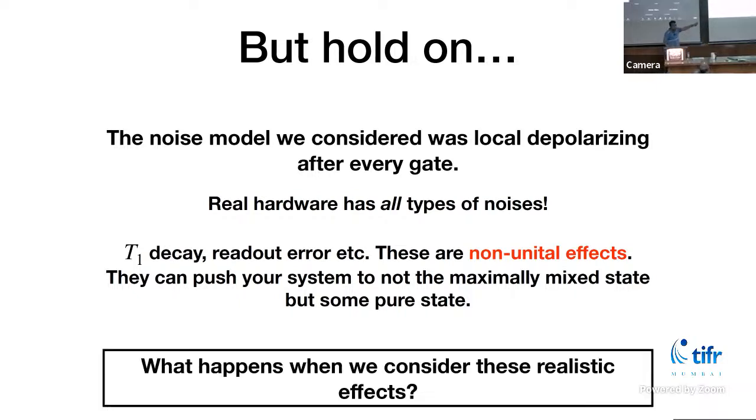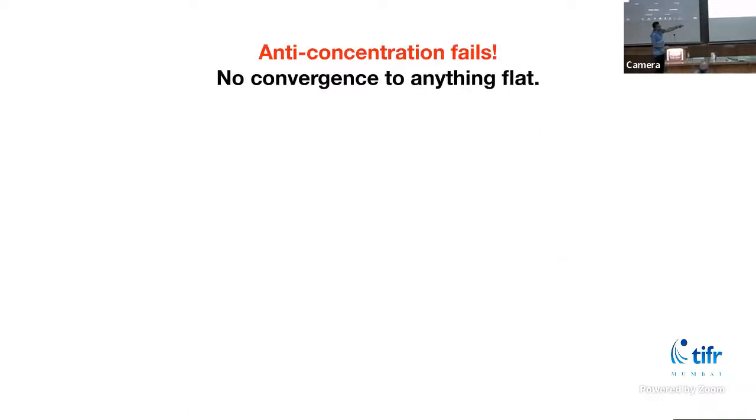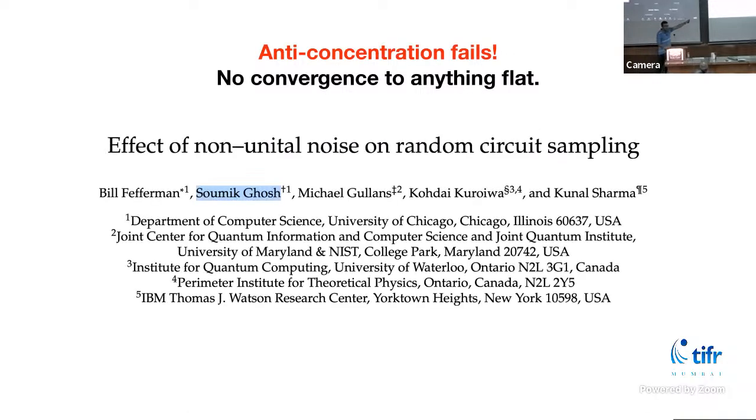So what happens when we actually consider these realistic noise models? We showed, with a couple of collaborators, that when you have these realistic noise models, this flatness property that I talked about just breaks down. So the distribution actually does not converge to a flat distribution, no matter what the depth of the circuit is.